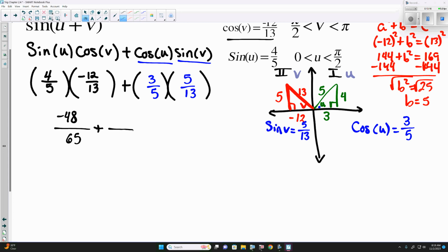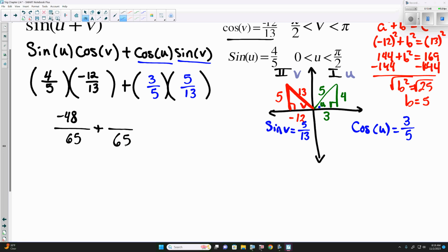Now I'm going to ignore the fact that we do have a 5 in the numerator and 5 in the denominator, because every bone in my mathematical body is saying we can cancel those out and simplify. But we're adding 2 fractions together, yes? So we have to leave these 5s alone, because 5 times 13 would give us 65. To be able to add or subtract 2 fractions, the denominators need to be the same.